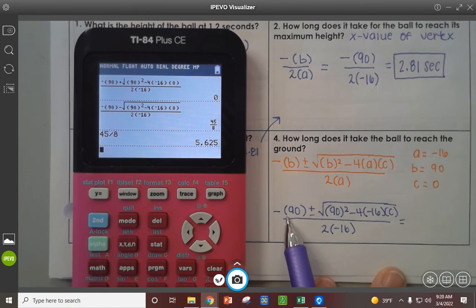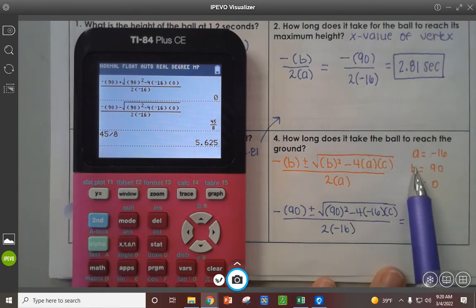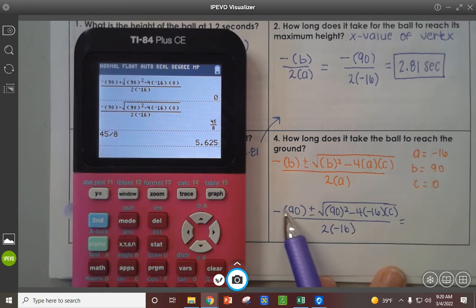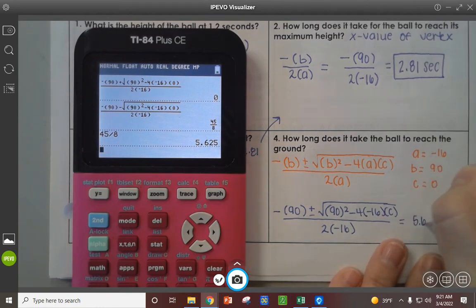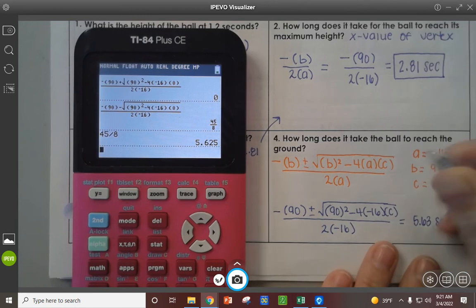Where I did use a negative, the B value is a positive 90. And so I use the negative here, and then this one doesn't have a negative with it. You just put your B value. So 5.63 seconds.